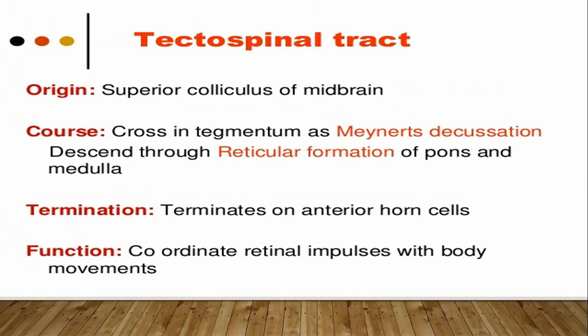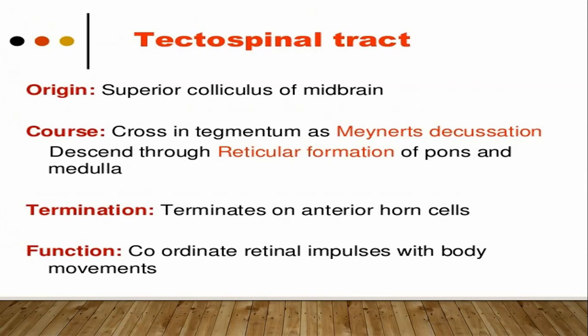The tectospinal tract originates in the deep layer of the superior colliculus. The axon crosses to the contralateral side just below the periaqueductal gray, PAG.